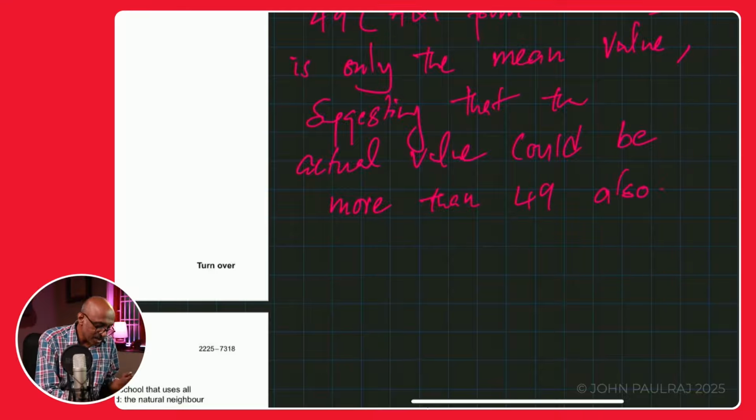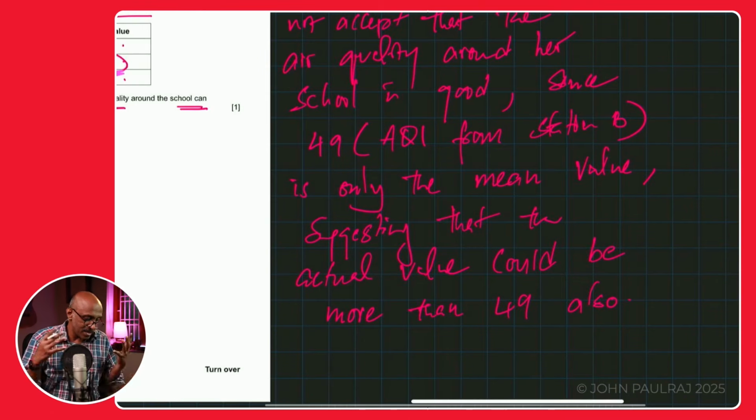As long as you've conveyed that in a proper way, it can be less, of course, but why is she saying not good? We're just answering why it's not good. It could be more than 49 because it's just a mean value. All right, hope that makes sense.